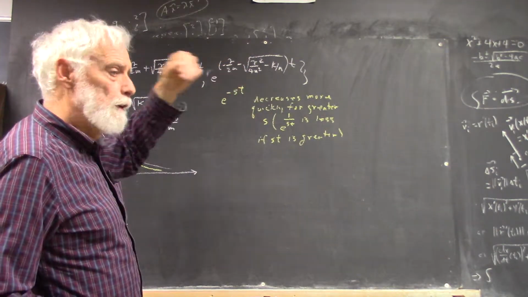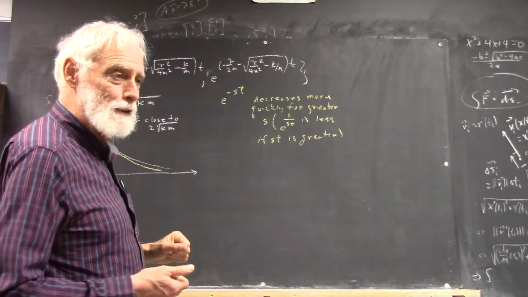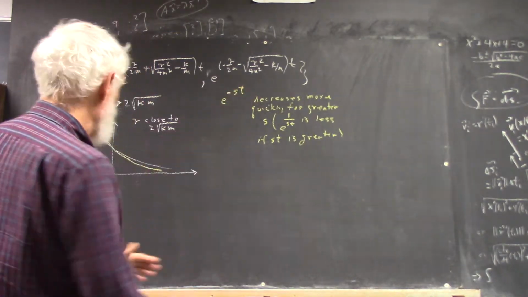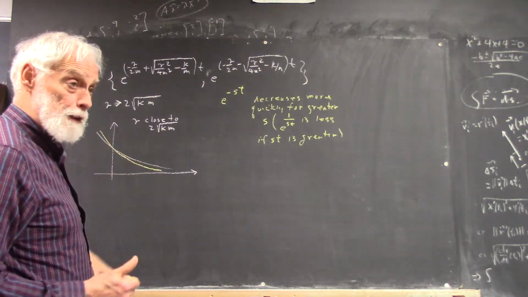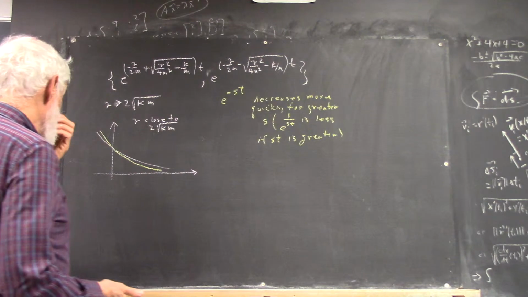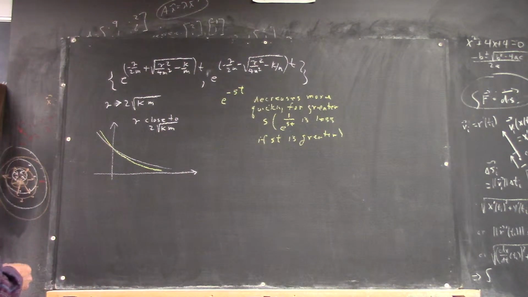A factor of greater absolute value horizontally compresses the e to the negative t function more. That one's horizontally compressed more than this one, right? Many ways to understand that.